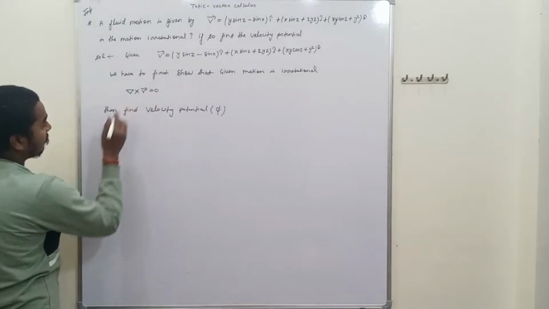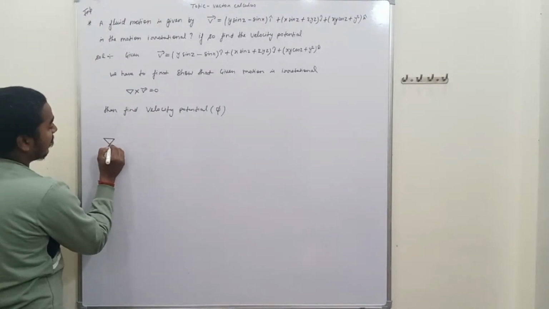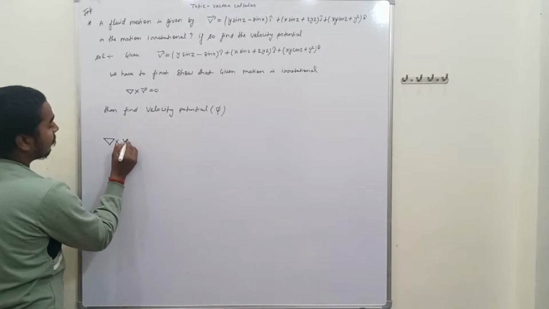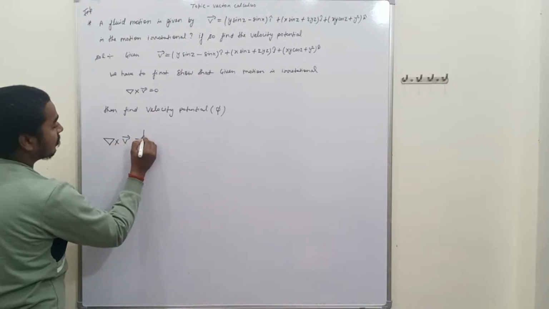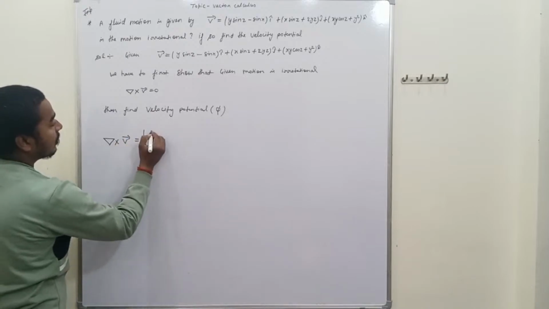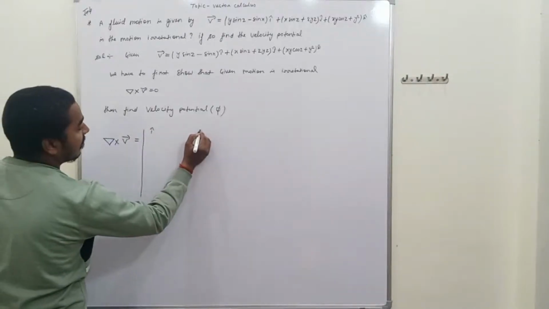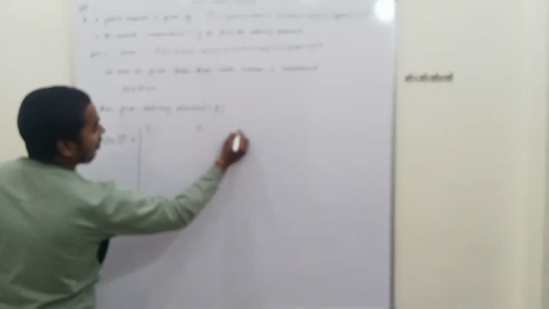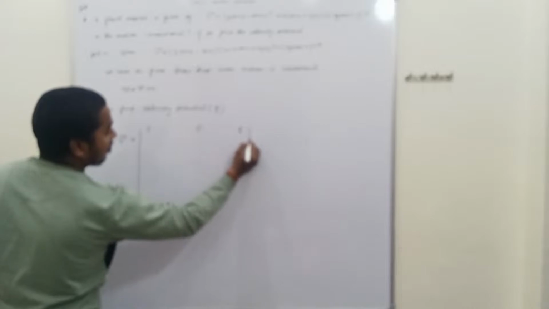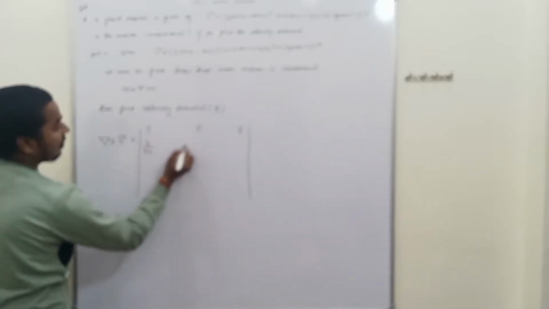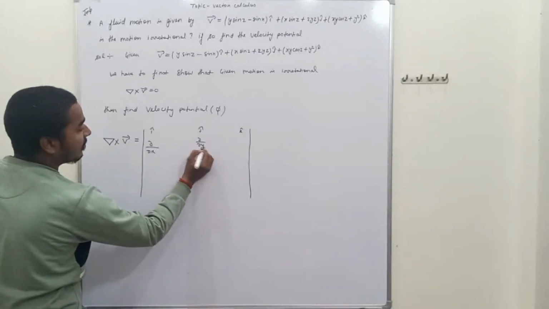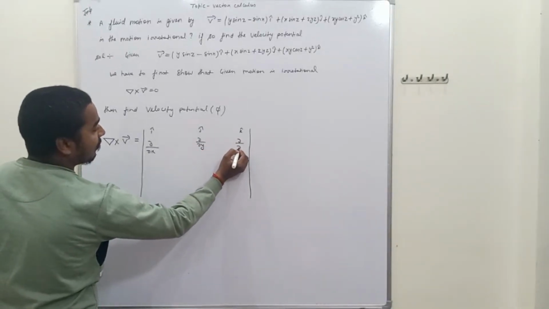First we have to find del cross V vector equal to the determinant with i cap, j cap and k cap, then del upon del x, del upon del y and del upon del z.